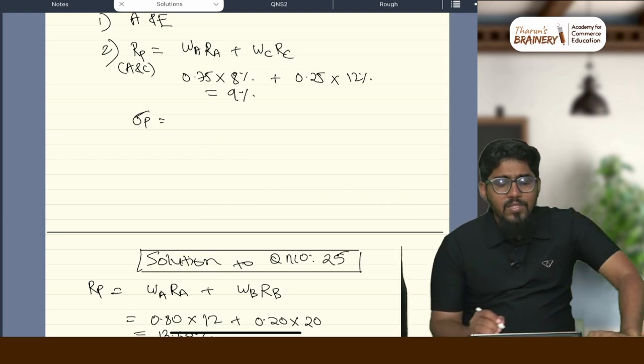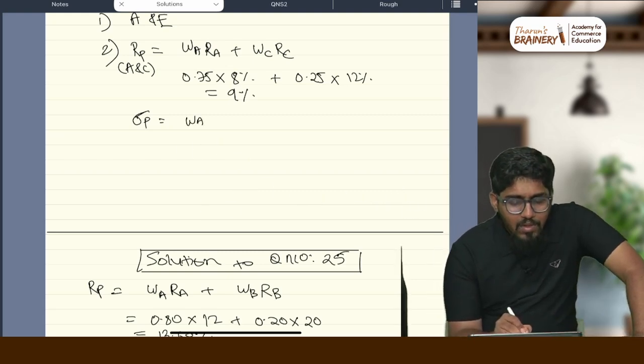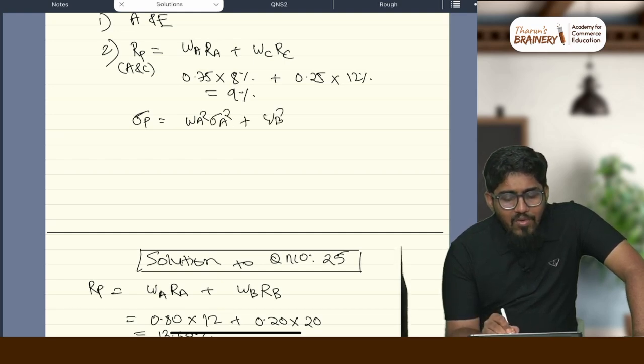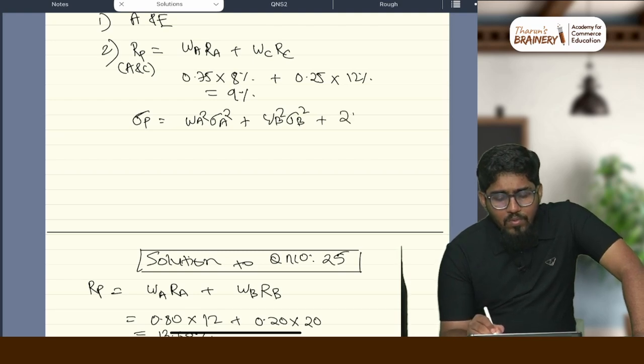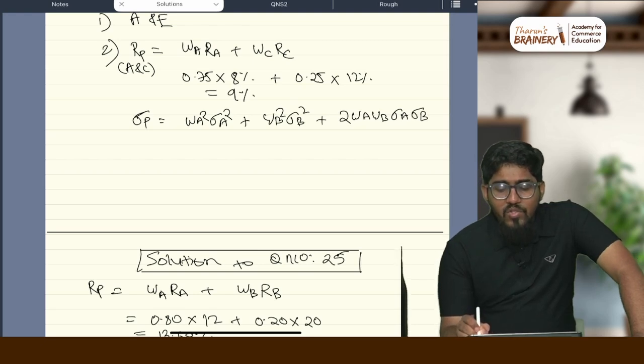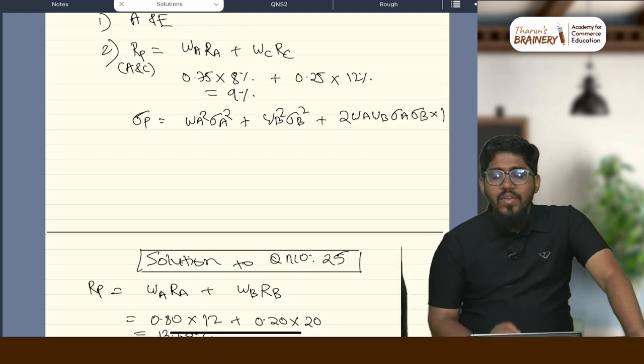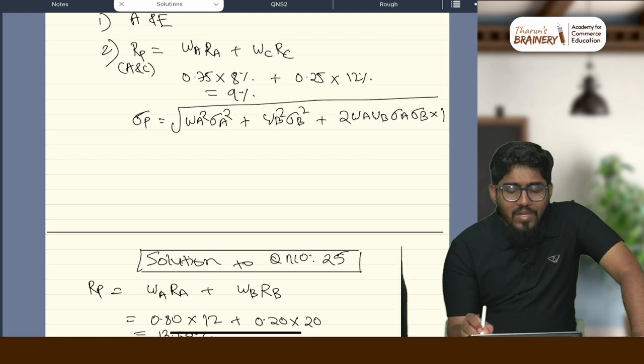So, how to calculate the risk of the portfolio, sir? Weight of A square into standard deviation of A square plus weight of B square into standard deviation of B square plus 2 into weight A into weight B into standard deviation of A into standard deviation of B into 1, because perfectly correlated.